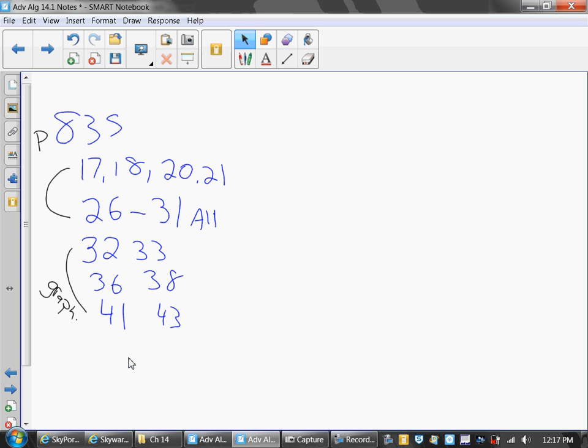You're always going to grab your generic function first, and for each one of those points that we plotted, you shift them left, up, and right, and down. It looks a little bit worse than it is. The tricky part is going to be figuring out whether you're adding or subtracting.